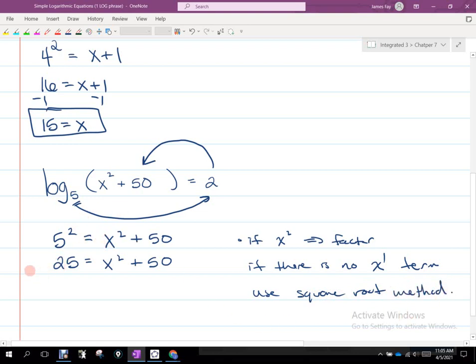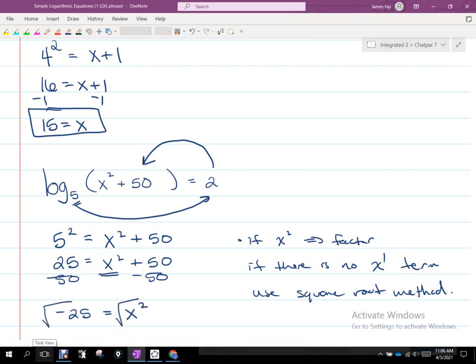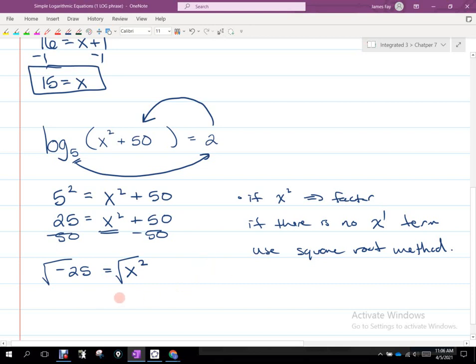When I want to factor or solve for an x squared, and there's no x to the first, I can use the square root technique, which means isolate this. We're subtracting 50 from both sides. I get negative 25 is equal to x squared. Okay? I can do that and now take the square root here and the square root there. Now, this is something that we haven't talked about too much.